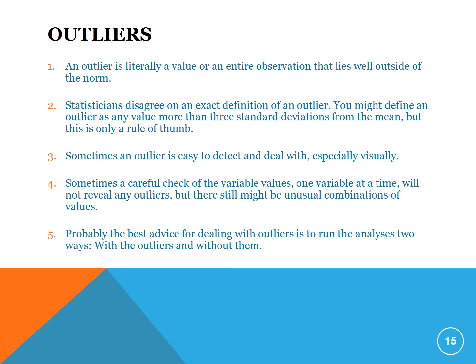All right, so I just talked about this very briefly, but outliers. An outlier is literally a value or an entire observation that lies well outside of the norm. Like I mentioned, the negative 3 years old person, something probably went wrong there. But the 93-year-old person maybe actually filled out the survey.